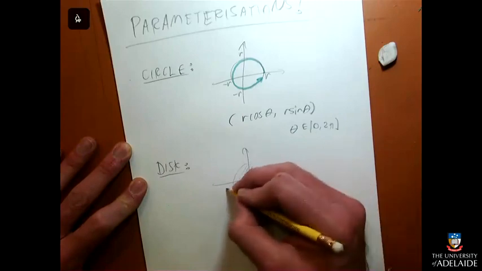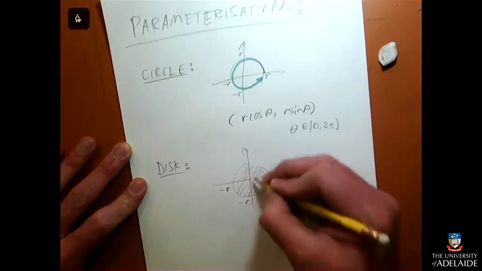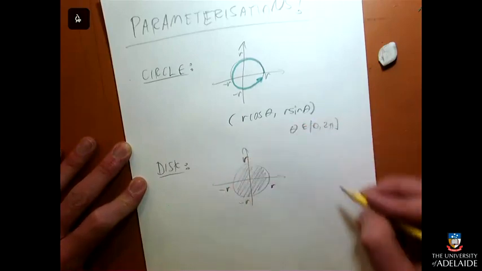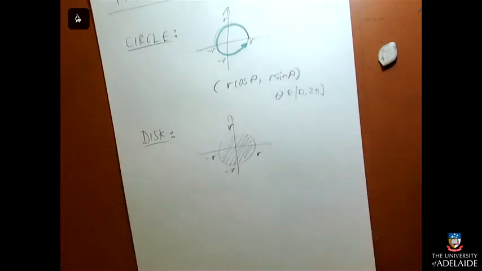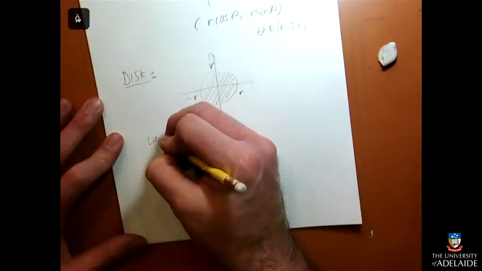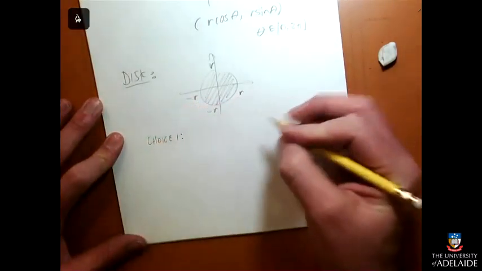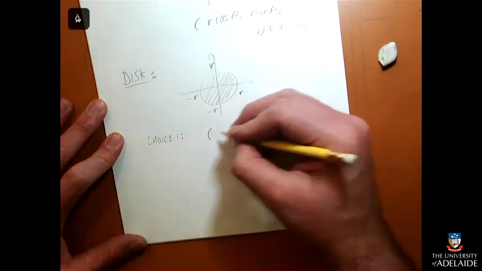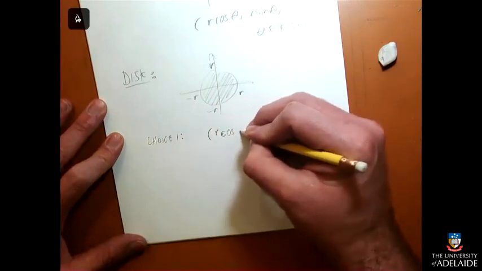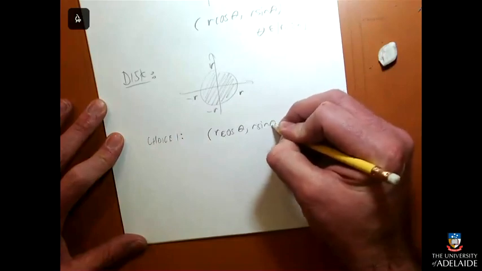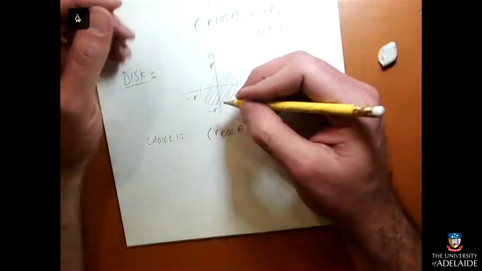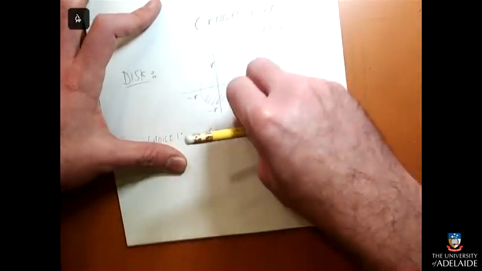Of radius r. You've got two choices for how you want to play this. One is to make it look exactly the same as the other one, but we might need to change our letter to something else.